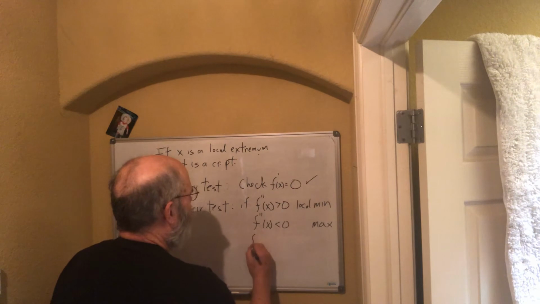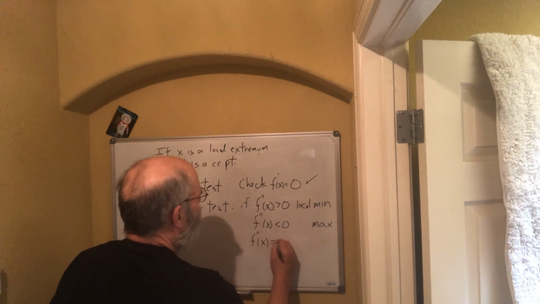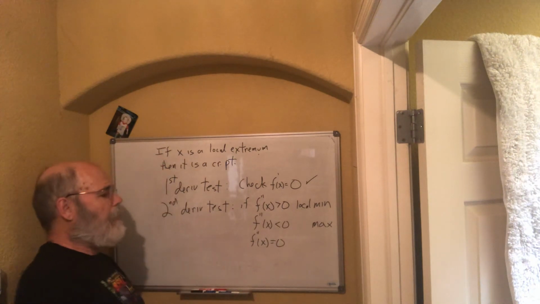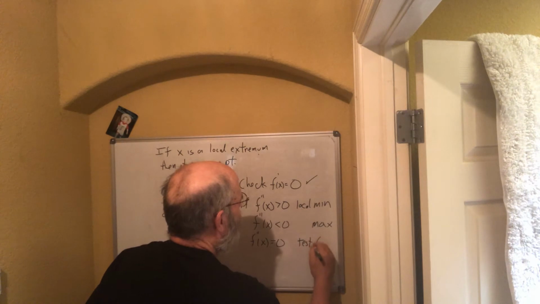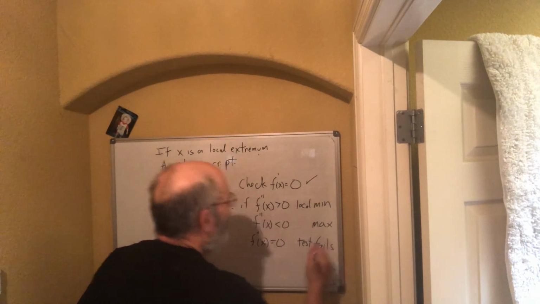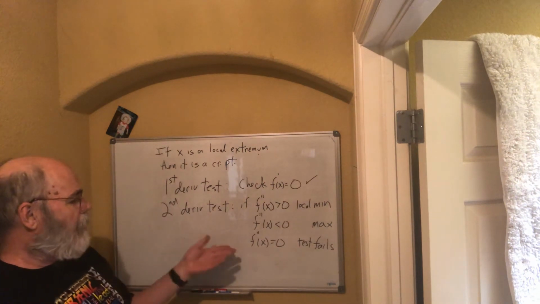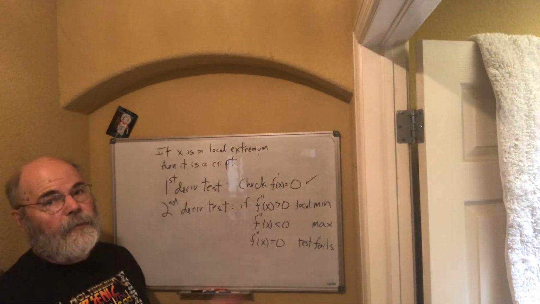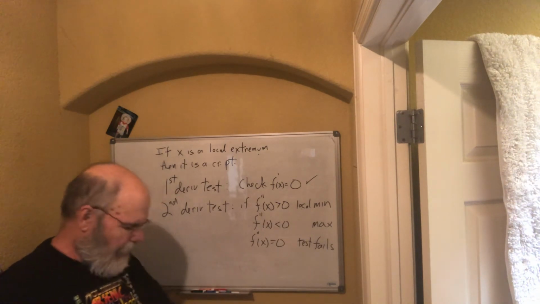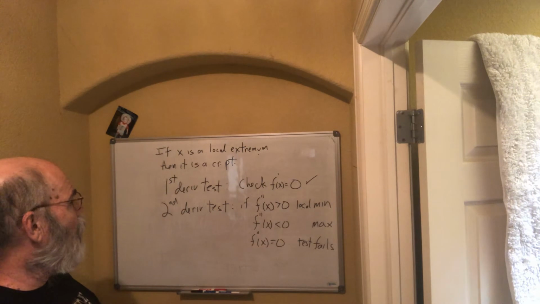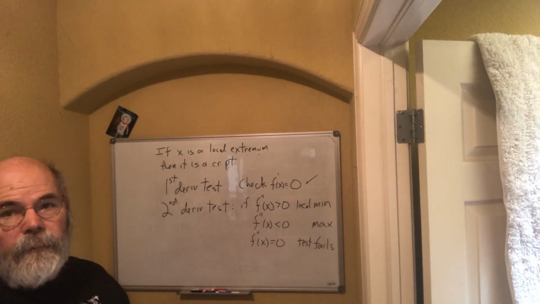And the last thing we have to worry about is, of course, it's always possible that it could be 0. And if this is the case, then the test fails. You can actually go on to the third derivative test, fourth derivative test. It all depends on the first one that's not 0, but let's not worry about that too much here. So anyway, here's how you do it in 1 dimension.